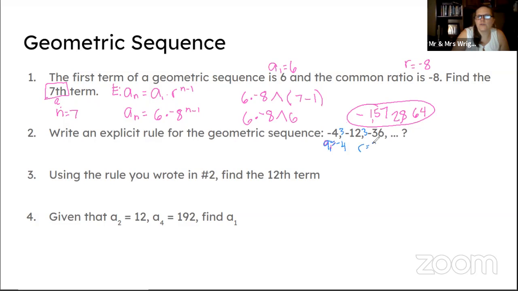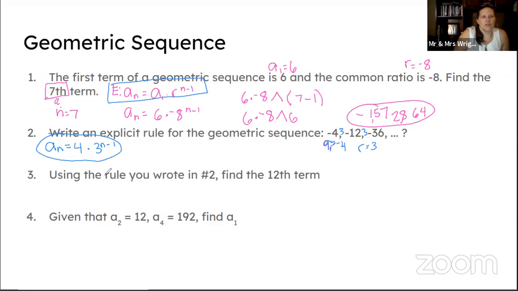So my ratio is going to be 3. I already have an explicit formula written up here, so I don't want to write that again. I'm just going to fill it in. A sub n is a sub 1, which was 4, times r. What is r? R is 3 to the power of n minus 1. All right, that's all we are asked to do, write an explicit rule. So we are done. That's our final answer here.